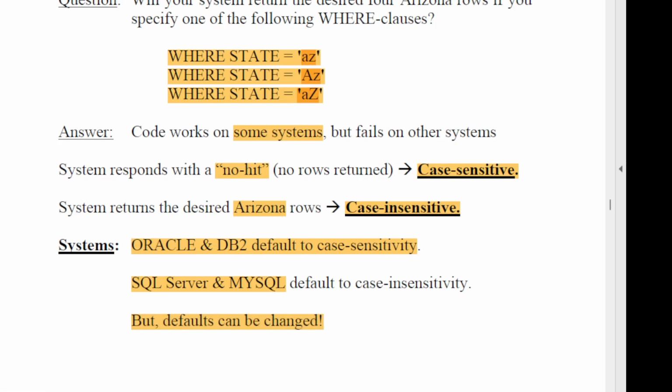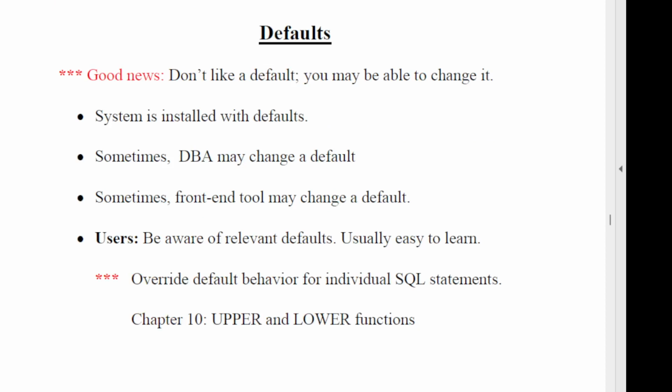So let's talk about defaults. Now, I'm going to give you some bad news, but let's start here. There's some good news to begin with. If you don't like a default, most likely you can change it. All right? And you'll change it for the one SQL statement you're about to code. How you do that, we'll get to later on, again, Chapter 6 and Chapter 10.